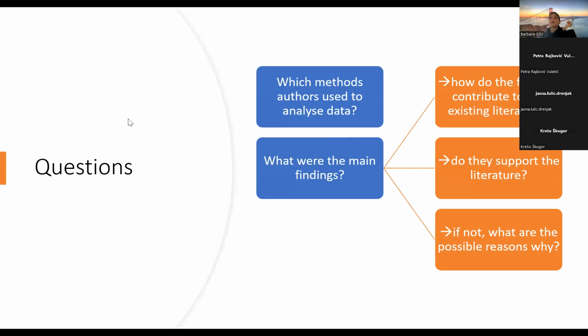When you have your results, you have to put them in the context of previous research, your expertise, your research, and your situation or country or sport background. That's very important to understand at this point.